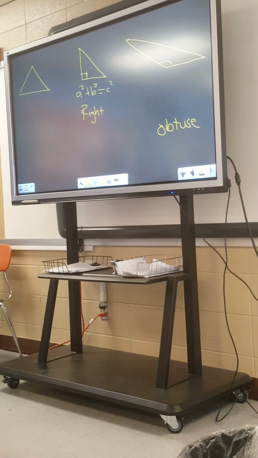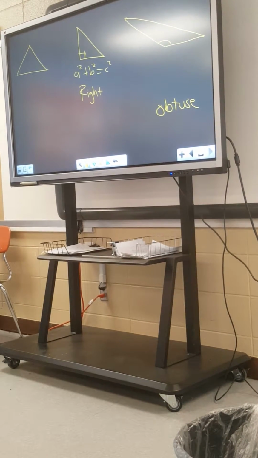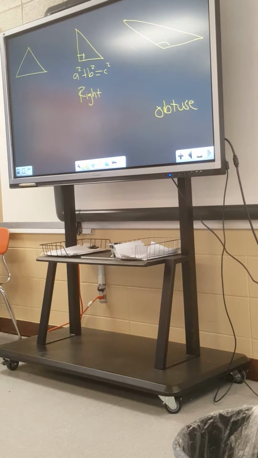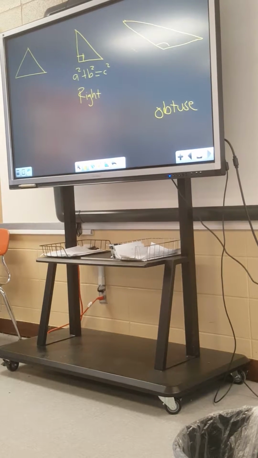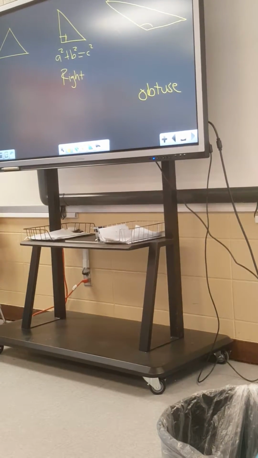That's going to be considered what kind of triangle? Acute. What does an acute triangle look like? How would you describe it? All three angles are going to be less than 90 degrees, right? Cool.